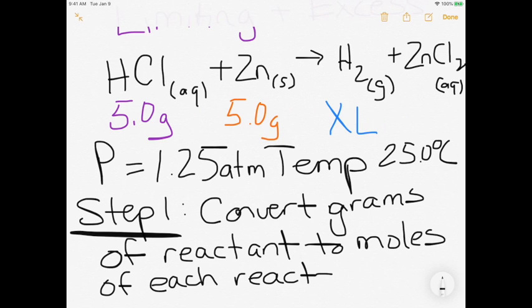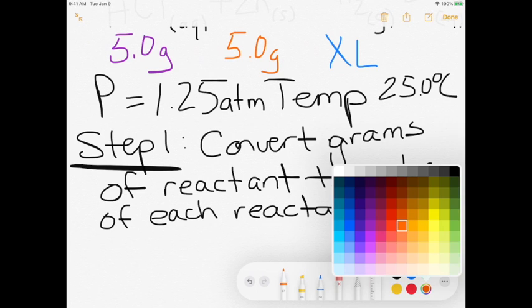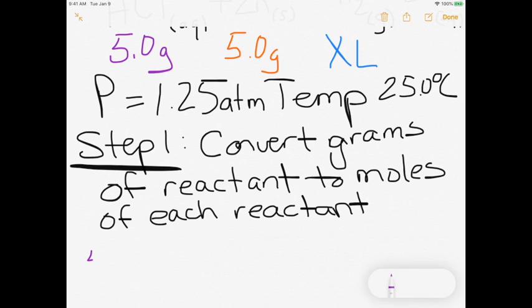So this is why I'm doing it color coded. I'm going to keep everything in HCl in purple and everything in zinc is going to stay in orange. If I start with hydrochloric acid, we have 5.0 grams of HCl.